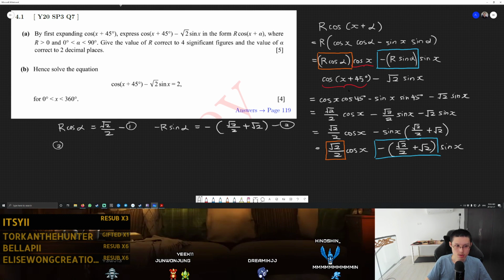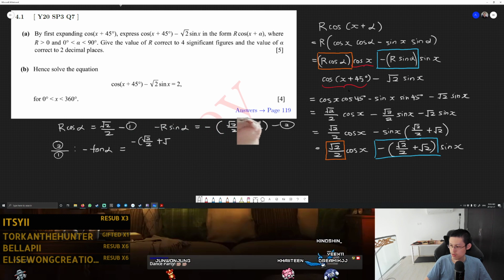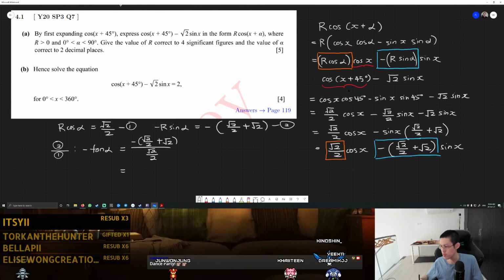So we take 2 divided by 1, which is going to give us negative tangent alpha. The r's will cancel. And then we have negative root 2 over 2 plus root 2 over root 2 over 2. And then you simplify this and see what you get.